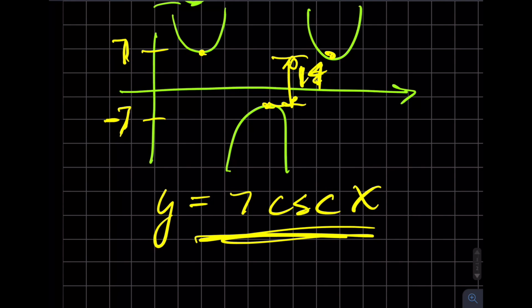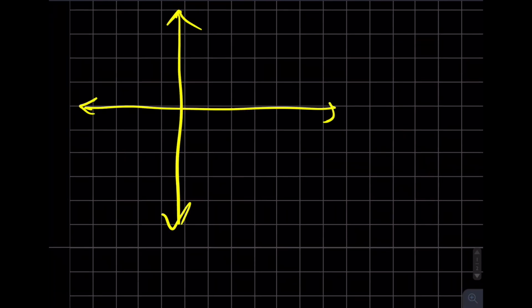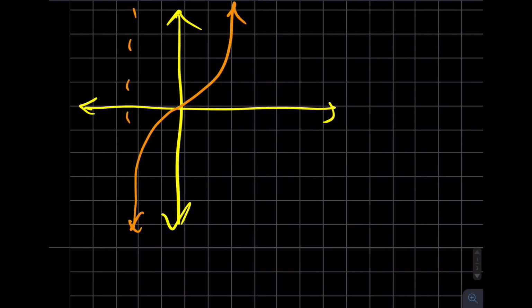And then tangent, sort of in a quick fashion. Tangent would do this. I told you anchor points for tangent, and so tangent looks sort of like this, and has these asymptotes that occur at negative pi over 2 and pi over 2.